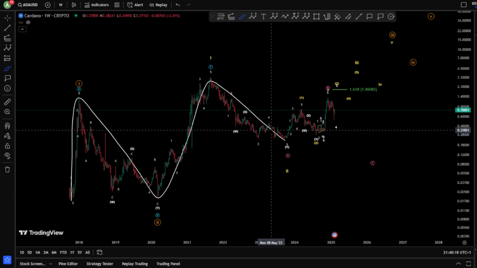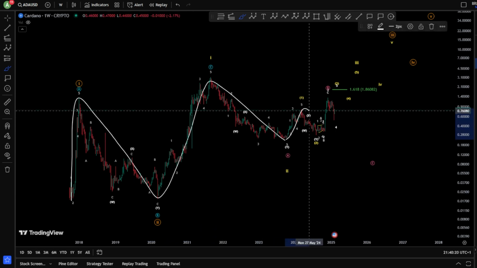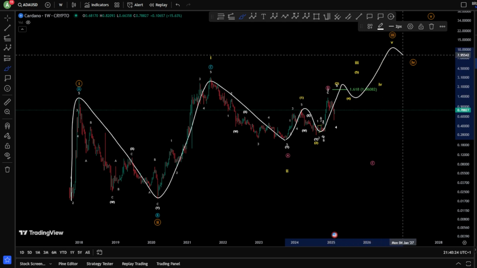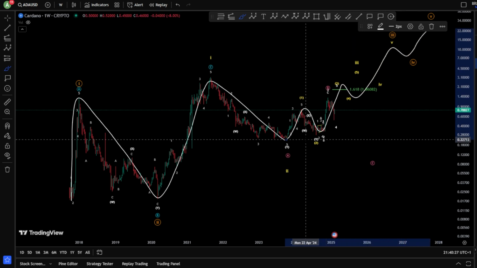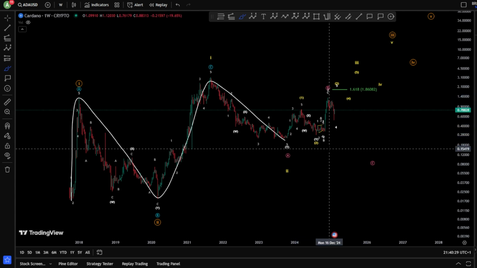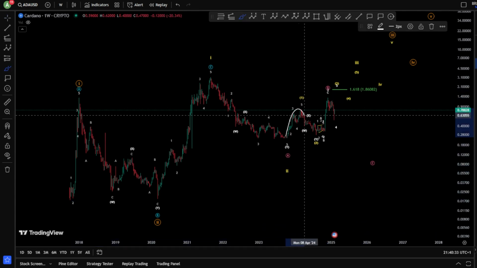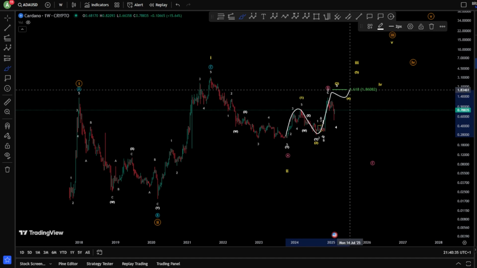Meaning, if you are in a 1-2 here in the yellow count, you would like to see probably a wave 3, 4, and a 5, and continuation toward the upside. However, we have to seek if we are impulsive, 1, 2, 3, 4, and a 5.